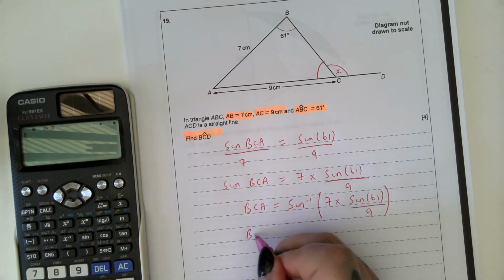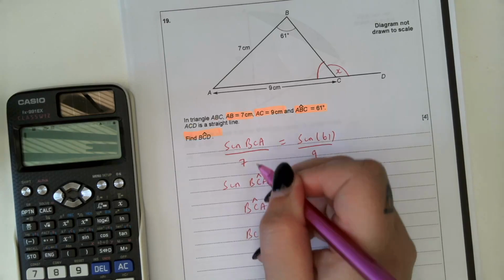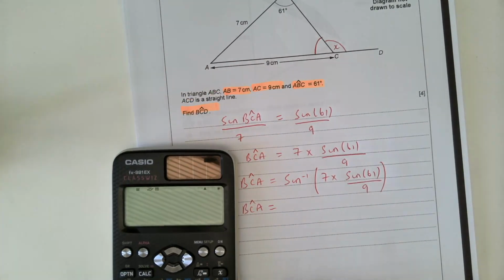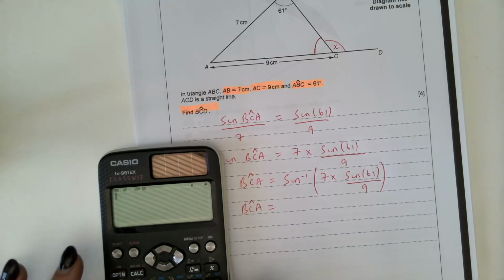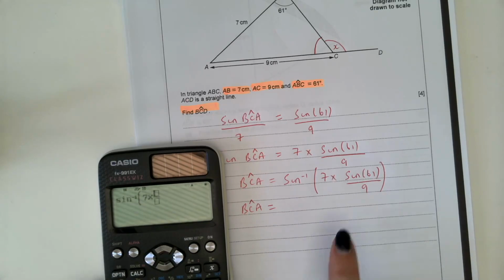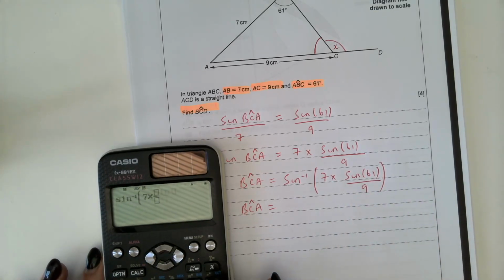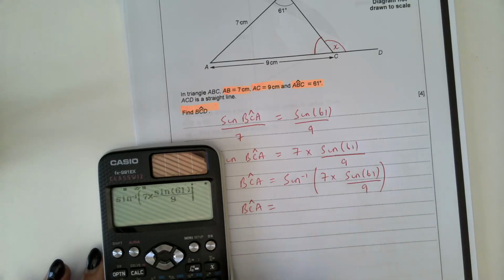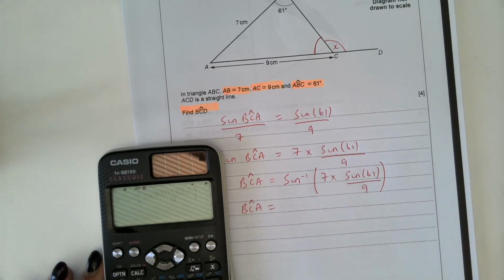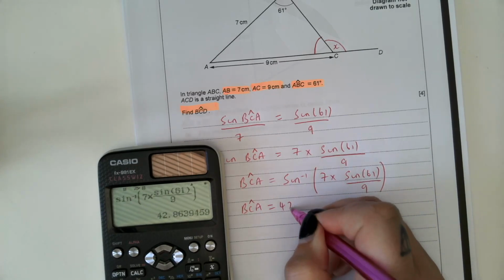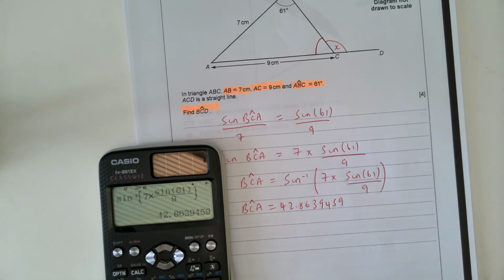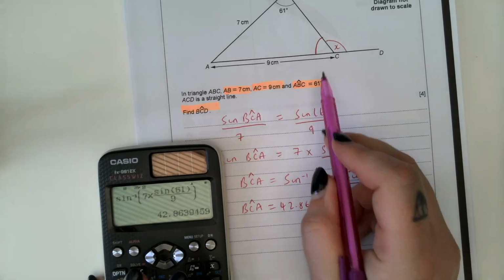And I'm going to put it in my calculator. Just put that there to remind us it's an angle. So we have the inverse sine, so shift and sine, and then it's 7 multiplied, and then everything else is in a fraction. So it's sine 61, close the bracket, over 9, arrow off the fraction, complete the bracket. So that angle is 42.8639459. So BCA, that's this angle here.